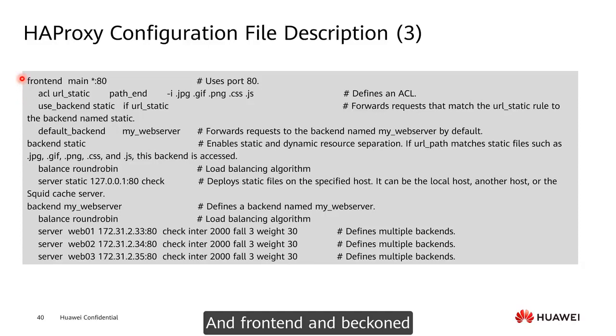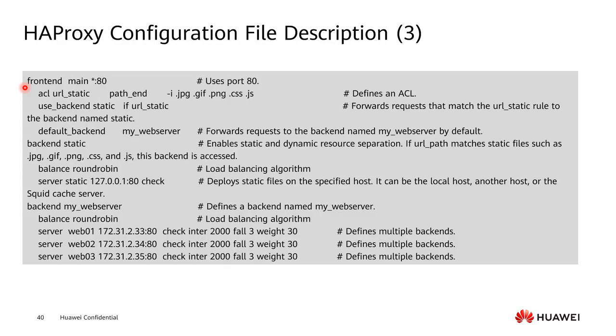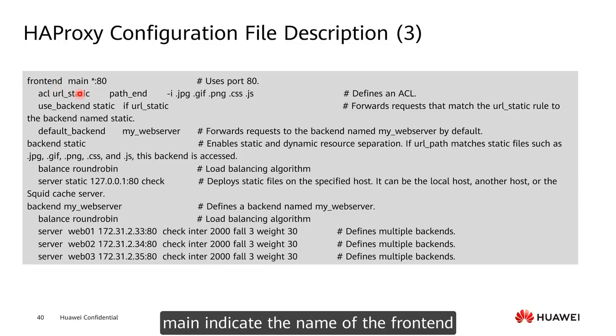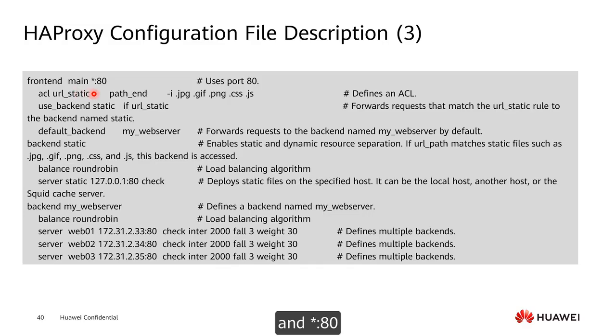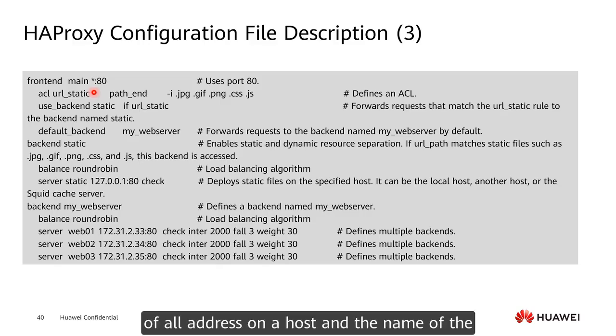And frontend and backend are important configurations in HAProxy. First, define the name, listening address and port number of the frontend. For example, in this slide, main indicates the name of the frontend, and *:18 indicates the listening port 18 of any address on a host.